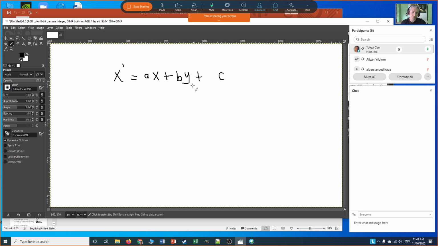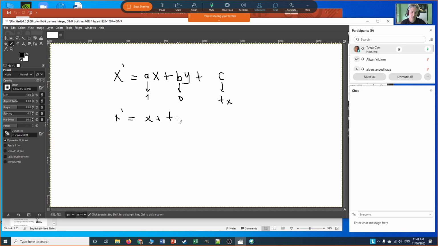We can add a constant number to the original coordinate. For example, if we want just translation, what do we want here? If a is equal to 1, b is equal to 0, and c is equal to tx, what do we have here? x prime becomes x plus tx, right?